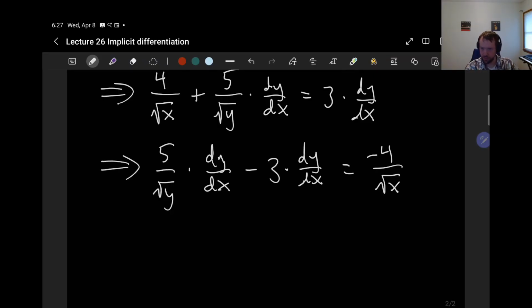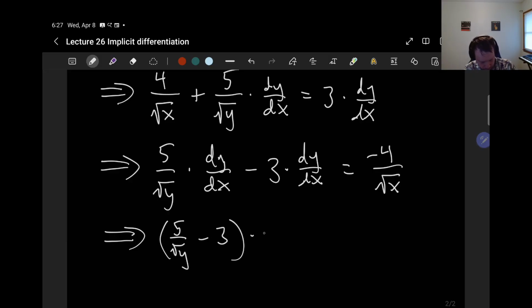Next step, we recognize that there's a times dy/dx in each term here, which means I can factor it out. And that's how we're about to get it by itself.